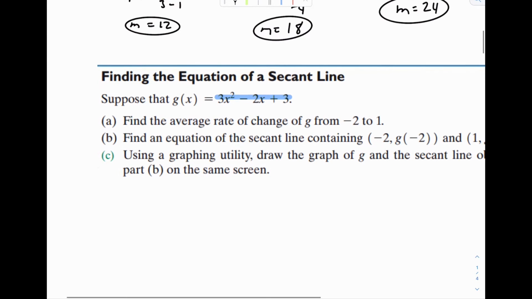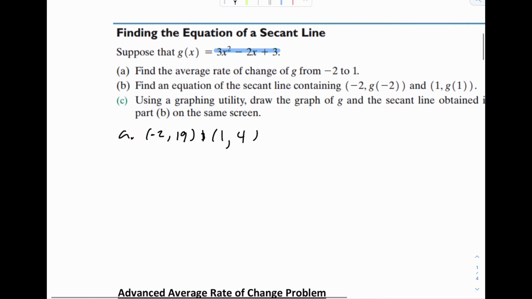Okay, so that's no problem. Let's find our coordinates. So -2 comma something, 1 comma something. Okay, so plug in -2, that's 3 times 4 is 12. 12 plus 4 is 16, plus 3 is 19. Plug in 1, 3 minus 2 plus 3, that is 4.